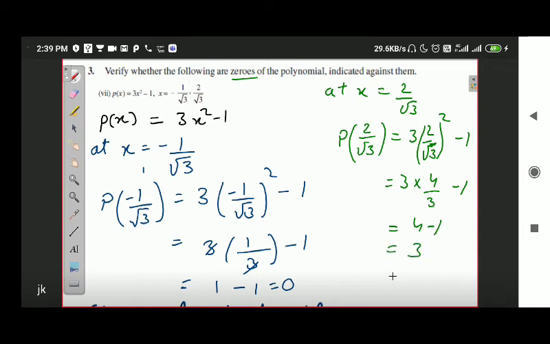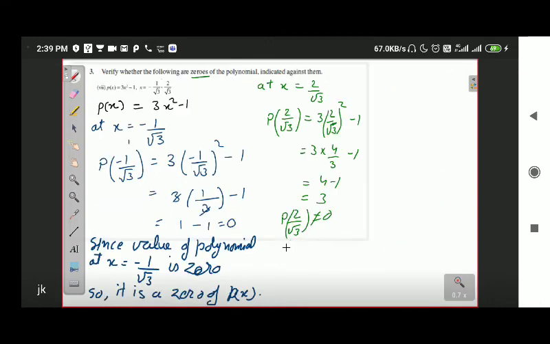So in this case, the value of p(x), p of 2 upon root 3, is not equal to 0. That means x equals 2 upon root 3 is not a 0 of the given polynomial.